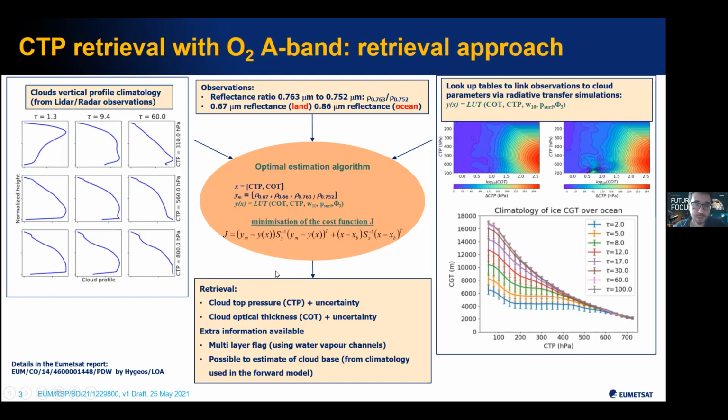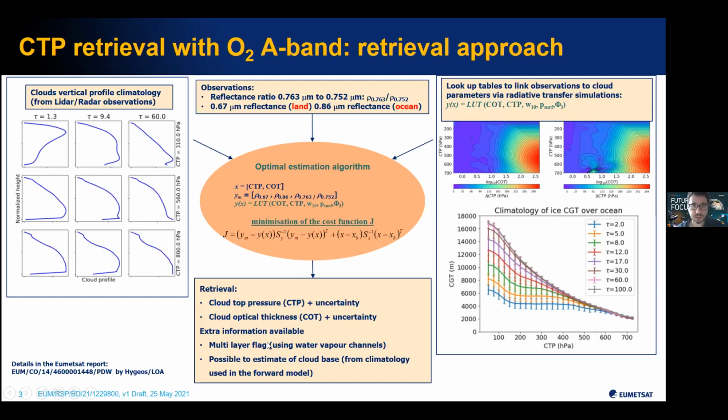At the end of the retrieval algorithm, the main variables that are retrieved are the cloud top pressure and the cloud optical thickness, and both of them come with uncertainty because we are looking at an optimal estimation algorithm, so we can compute the error on the retrieved variable. We also have extra information available from this algorithm, in particular a flag that tells us when we are dealing with multi-layer clouds.